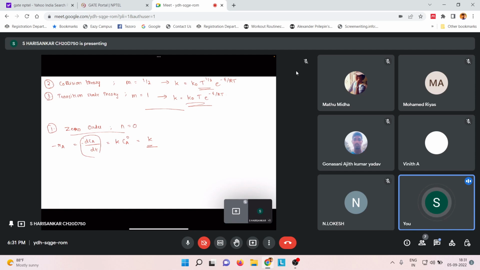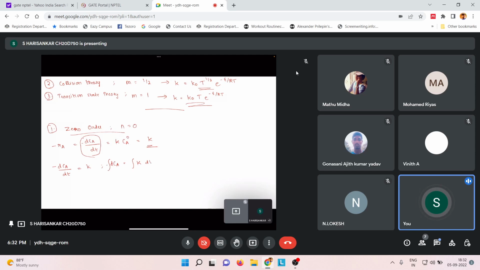Okay, so we know that minus dCA by dt is equal to K. So CA will be what? Integral of dCA will be integral of K dt.